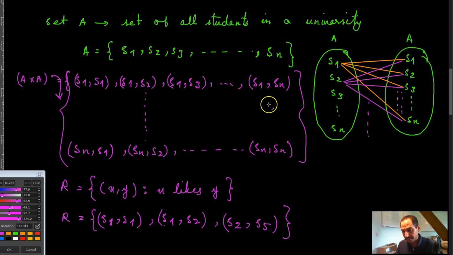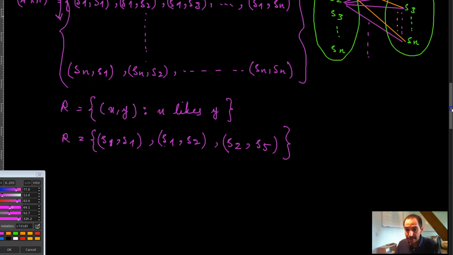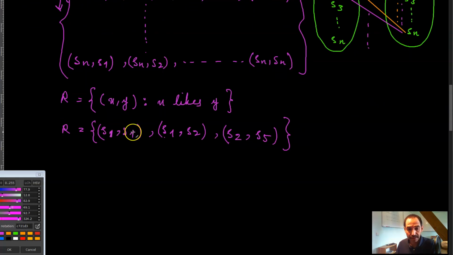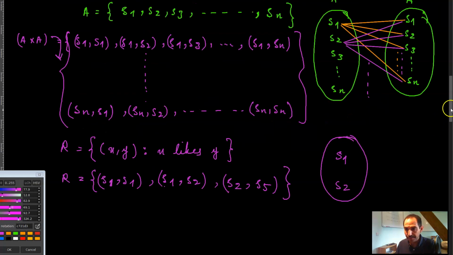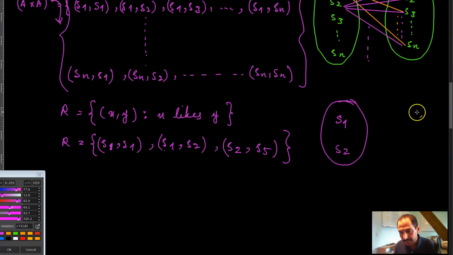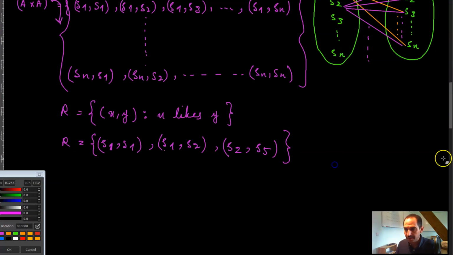Now, based on this example, if I depict this using an arrow diagram, I will have S1 and S2 in this set, and of course there are all of the other elements here, right? Let me draw this properly.